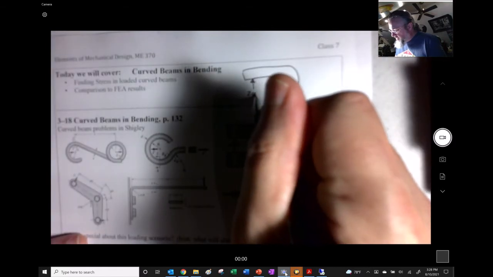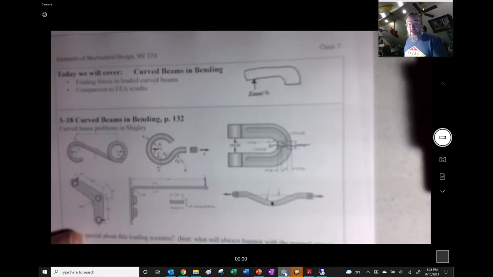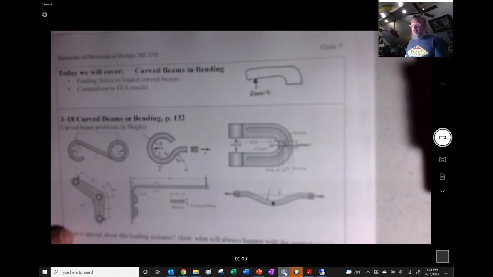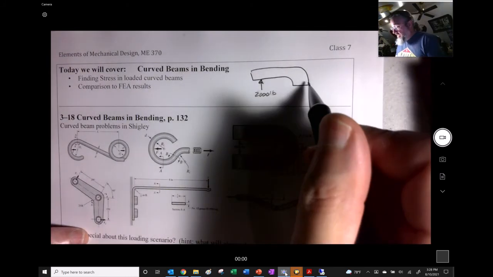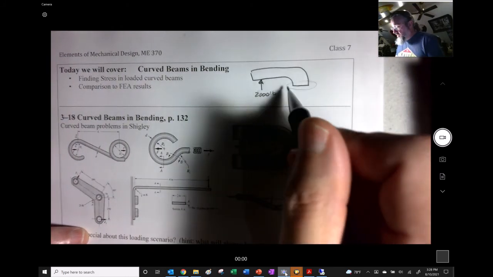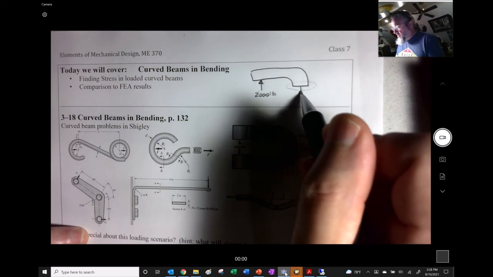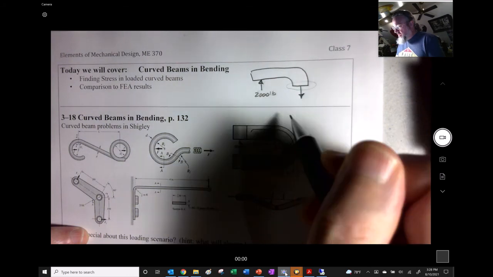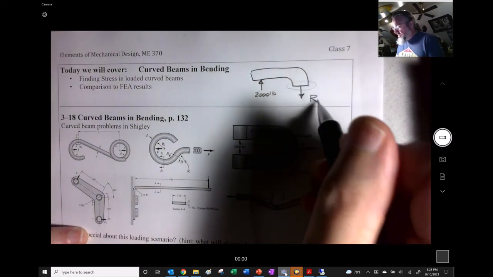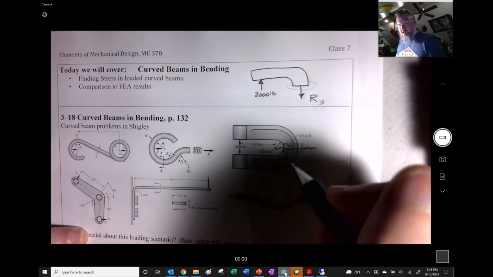There's the 2,000 pounds being applied to the thing. Here is going to be the section of interest. Right in there is going to be an equal and opposite reaction. It's going to be in the y direction.